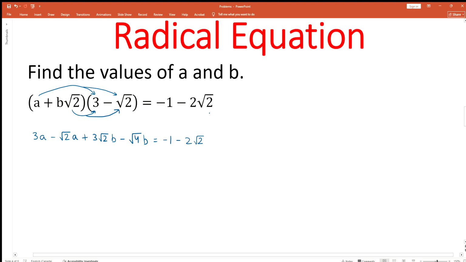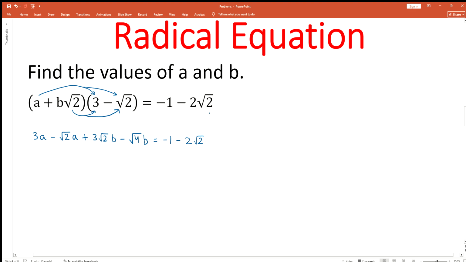The right side stays the same. I get 3a by multiplying a with 3, then we multiply a and negative square root 2, then we multiply b square root 2 and 3, and lastly we multiply b square root 2 and negative square root 2.